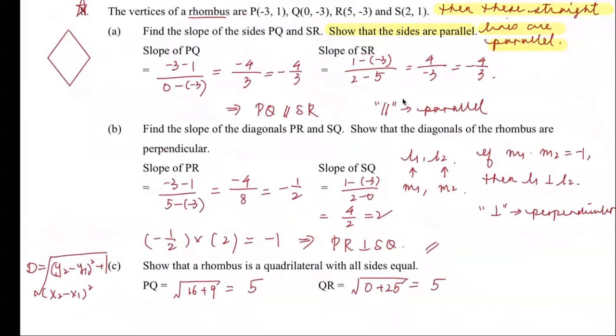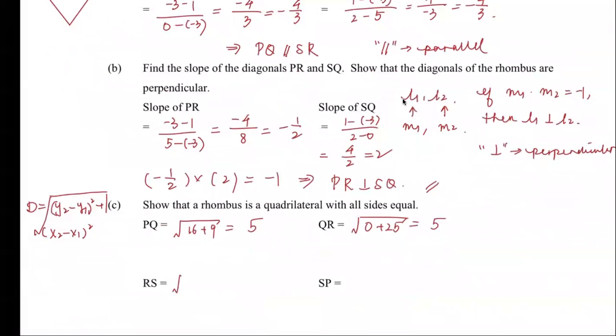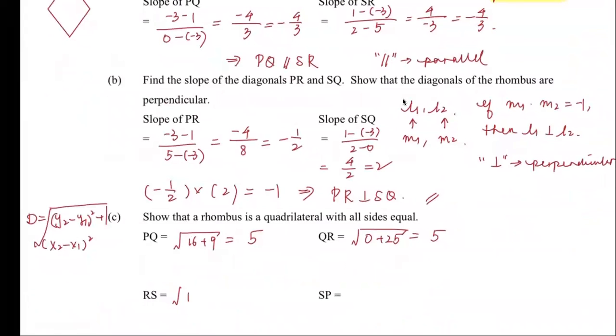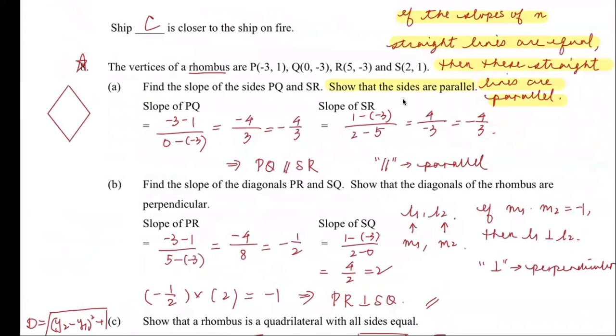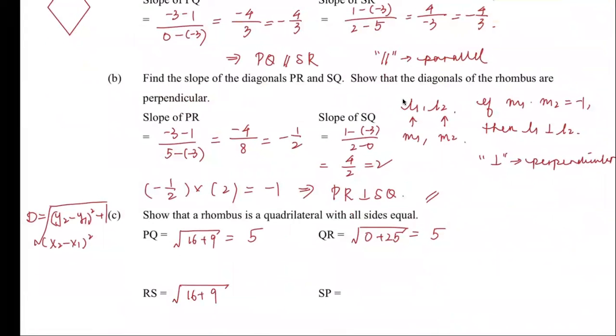So RS is equal to square root of 1 minus -3, that's 4. 4 squared is 16, right? And plus 2 minus 5, that's -3, -3 squared, that's 9. So 16 plus 9 is 25. Square root of 25 is 5, right?